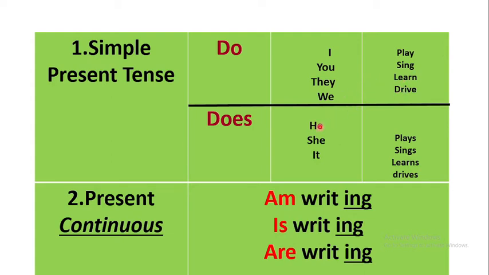And does is he plays, she sings, it learns, she drives. Like that it goes. Present continuous, as I said earlier, am, is, are, and ing sound. I am writing. She is writing. They are writing.